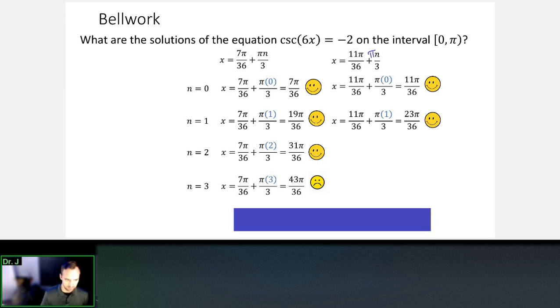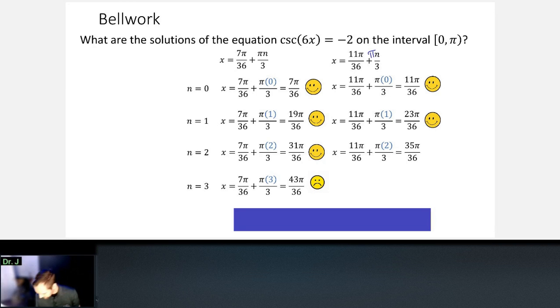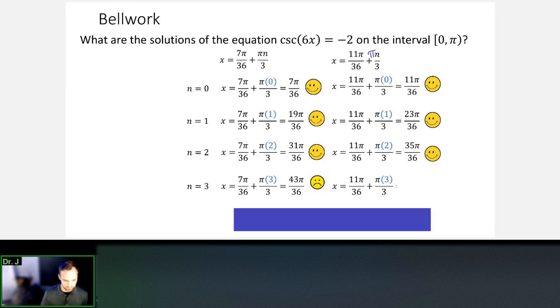All right, now let's type in n equals 2. And what do we get? 35 pi over 36. All right, is that one in the interval? It is. It's very close, yeah. And then we have to check n equals 3. Remember, we don't stop until we find one that doesn't work.